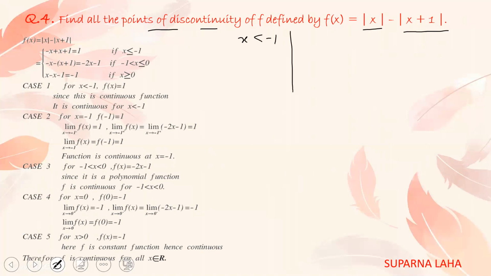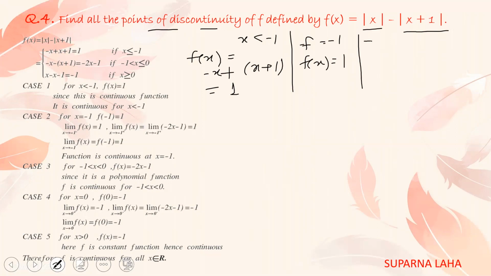The definition of the function, check. I can write f of x is minus x and again minus of minus, that is plus x plus 1. And the ultimate value is 1. For x equals minus 1, the value of the function is also 1.